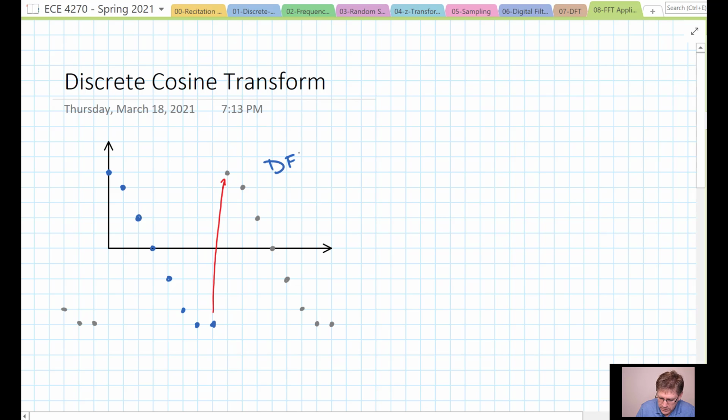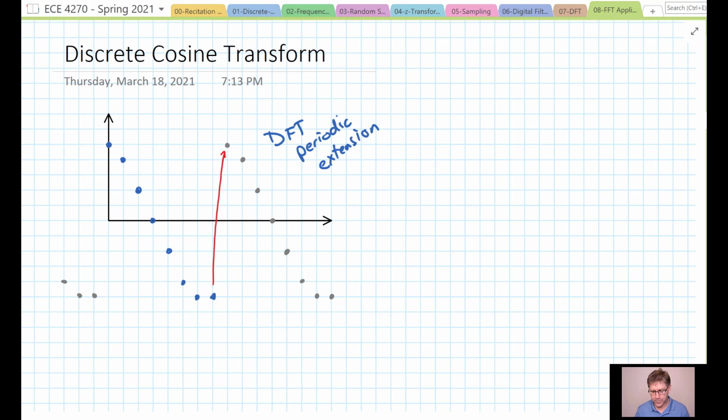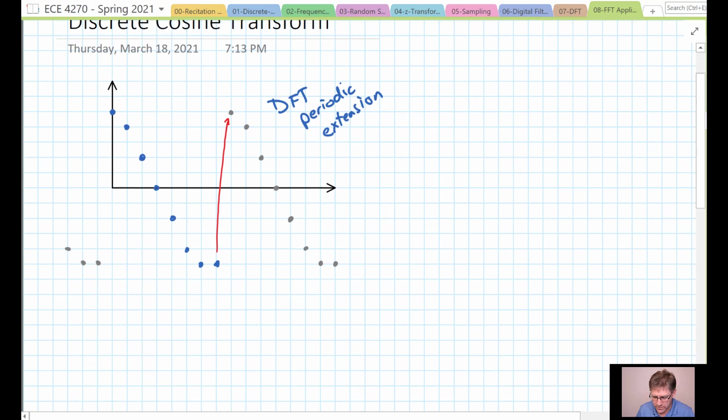So we're going to come up with a new method of getting rid of this particular problem, and we'll see that it has far-reaching effects. The way we're going to try to fix this is to change our periodic extension.